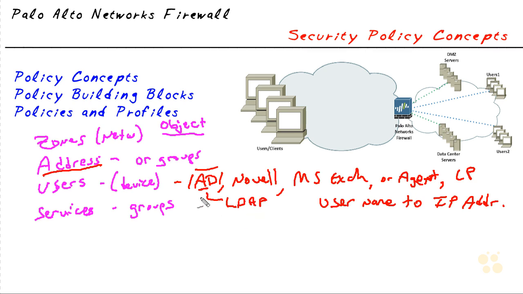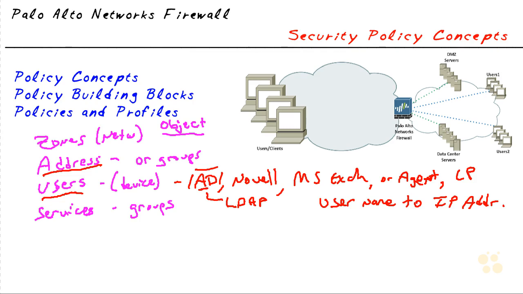So we may even be able to use generic LDAP servers, with slightly different parsing information, but you get the idea. We have something that we will query to figure out user information based on IP address. We can also have my firewall look at syslog features. Not the most efficient way of doing the mapping, but there are many things that we can do in order to tie user information in there.